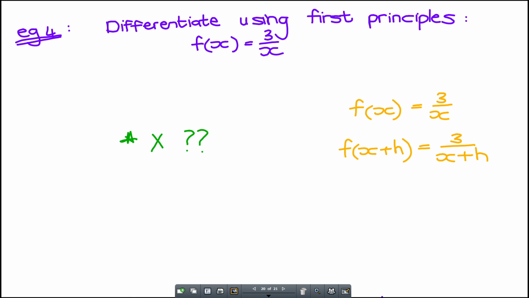Yes, nice. Okay, but now I want to get rid of it. I've got a fraction within a fraction. This is nice, right? So what I could do is take that denominator and multiply with that. But I'm going to multiply with x plus h over x plus h, because that is 1.